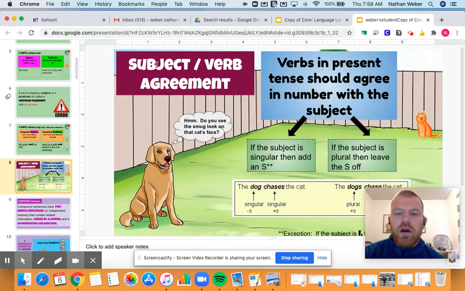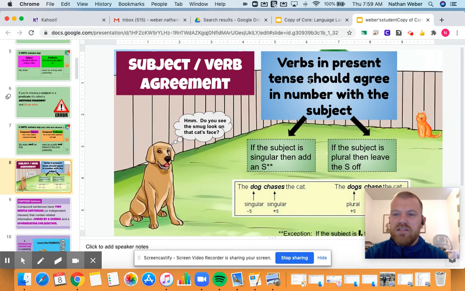When you're working with compound sentences, the subject and the verb have to be in agreement. Or really any sentence for that matter. The subject and the verb have to be in agreement. So please write this down. Write subject-verb agreement. You're going to write verbs in present tense should agree with the number in the subject.